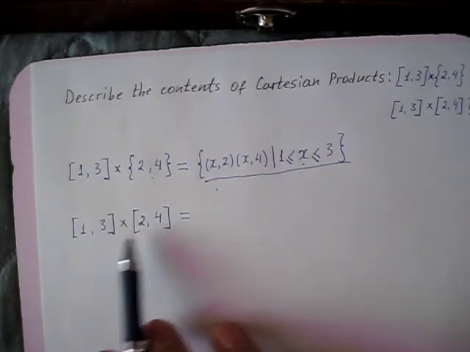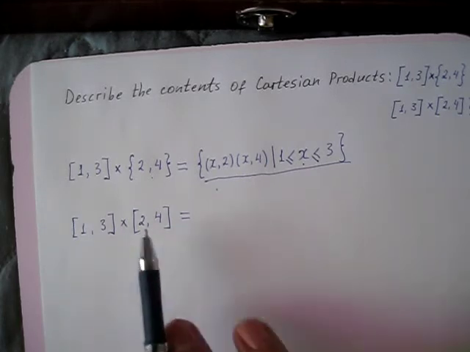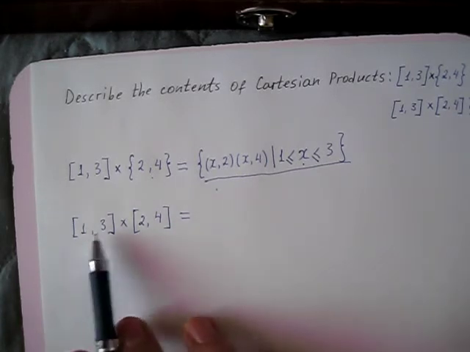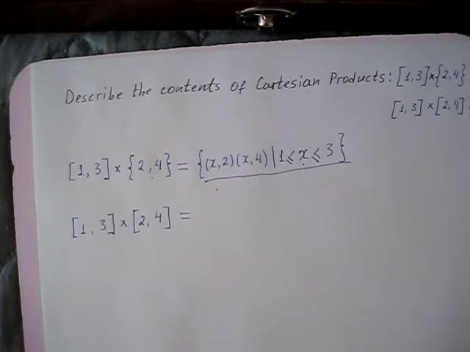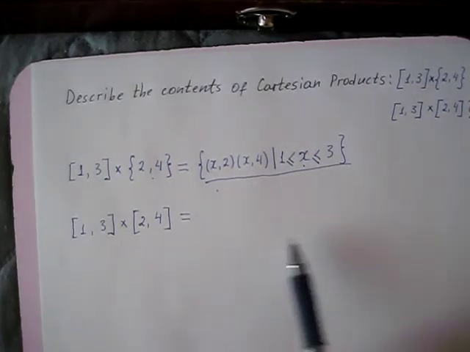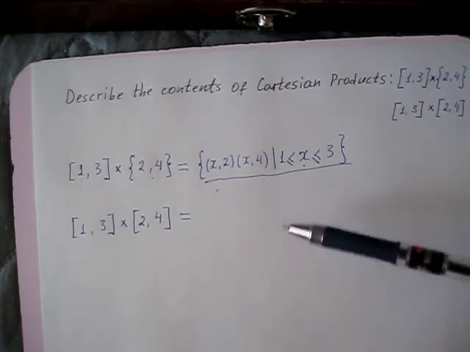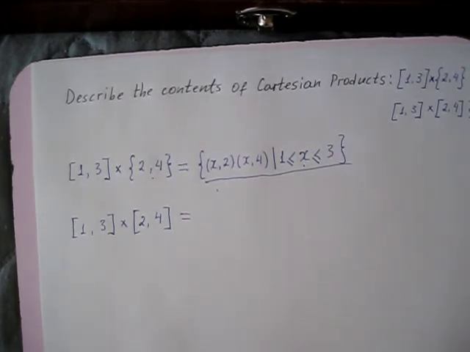Again, in these intervals there are infinitely many numbers between 1 and 3 and between 2 and 4, so it will be very difficult for us to list the ordered pairs explicitly. So we will use set builder notation again.